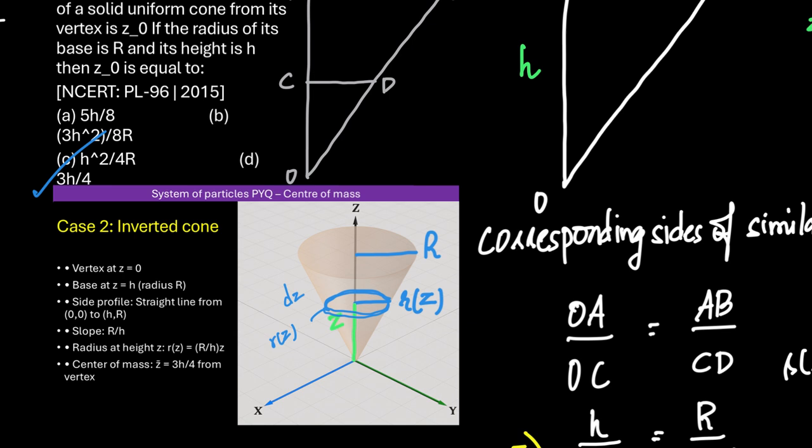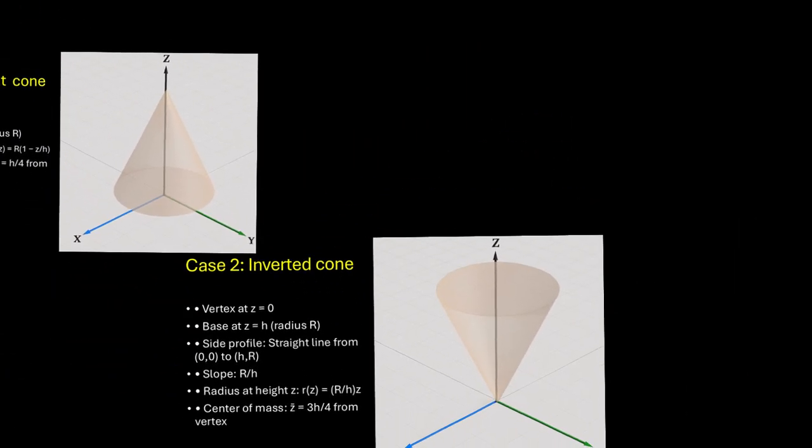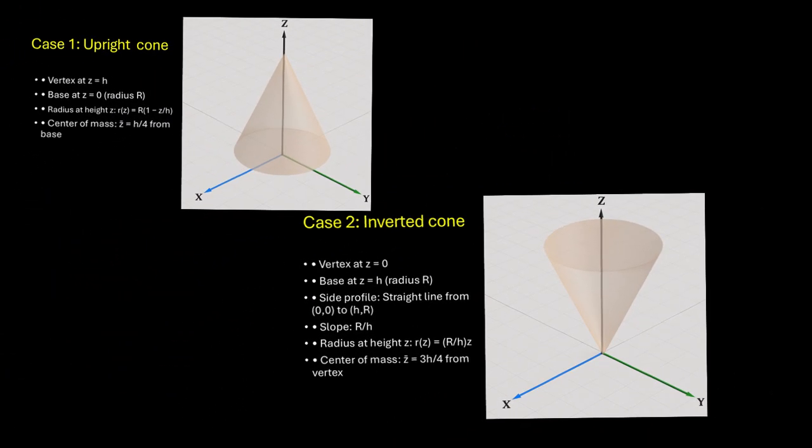Right. Now let's try to visualize and understand the cone in inverted and in upright position. Well, now you might also be wondering, if we discuss upright and inverted, why can't it be like this? So we have the x-axis, y-axis, the z-axis. Why can't the cone lie like this?